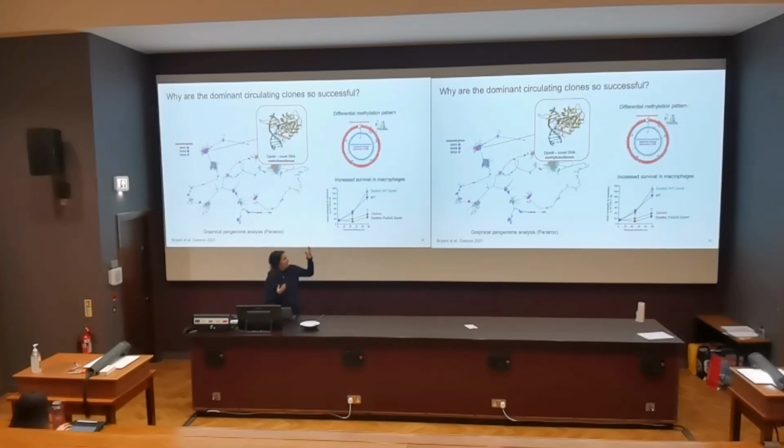So we think that this gene may be contributing towards the higher levels of virulence in this dominant circulating clone. So we haven't managed to explain all of it, but we are beginning to piece together understanding what makes these clones different.